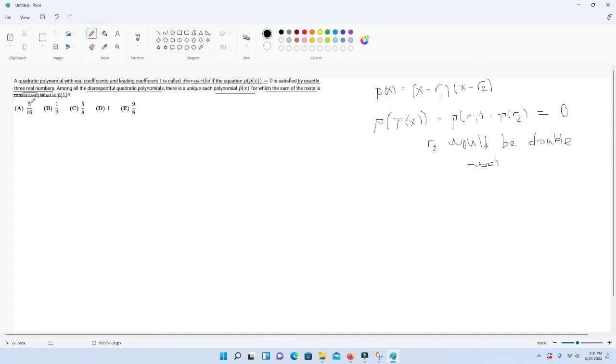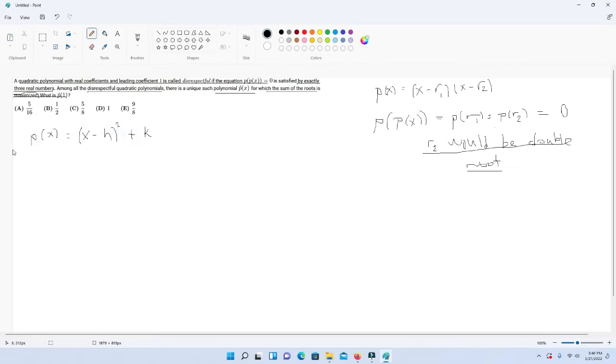So when I think of maximizing a polynomial, I always think about the vertex form for that polynomial. The vertex form for p(x) we can write as p(x) = (x - h)^2 + k.